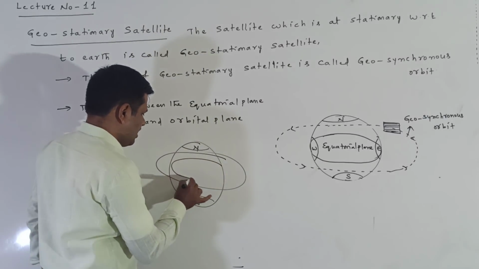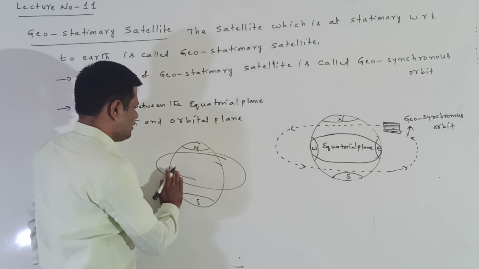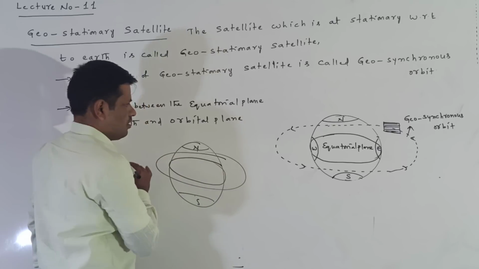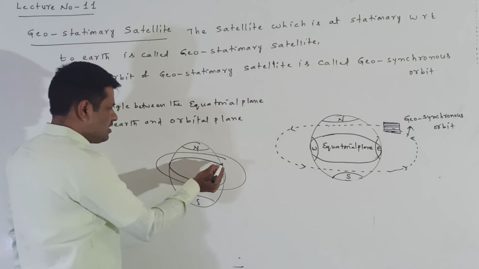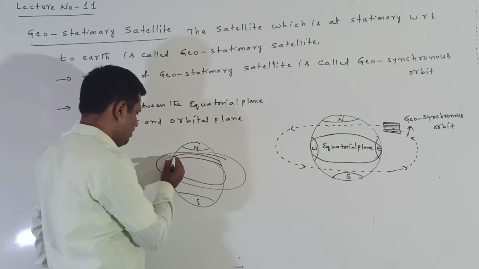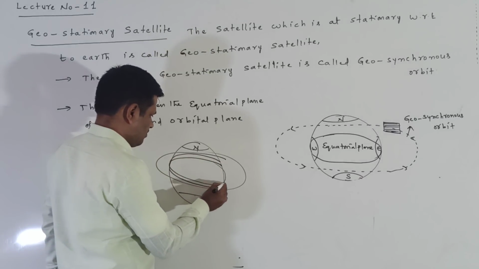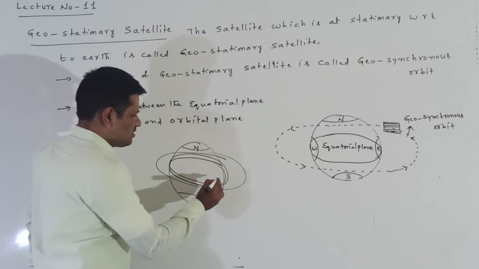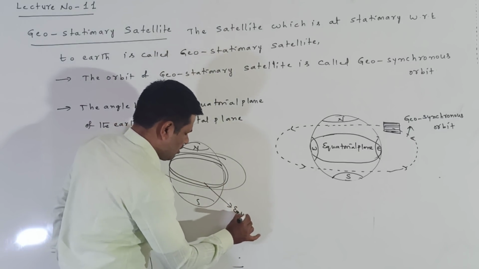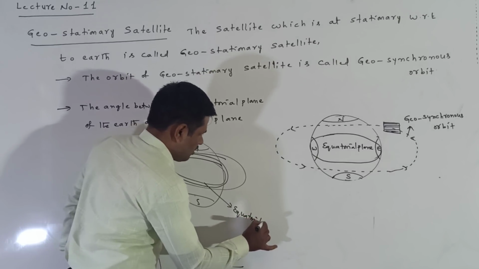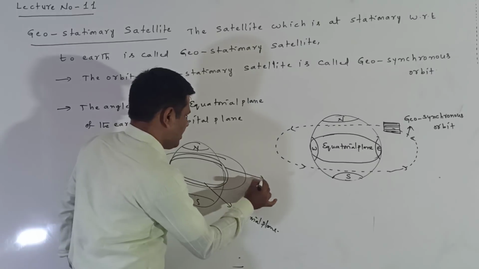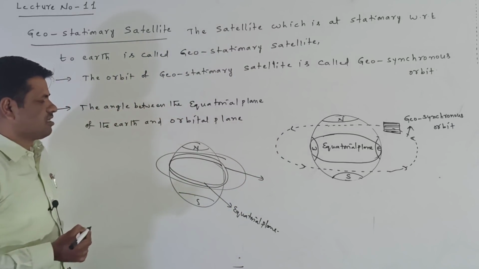This is the equatorial plane. In the geosynchronous orbit we also consider another plane, inside the orbit.